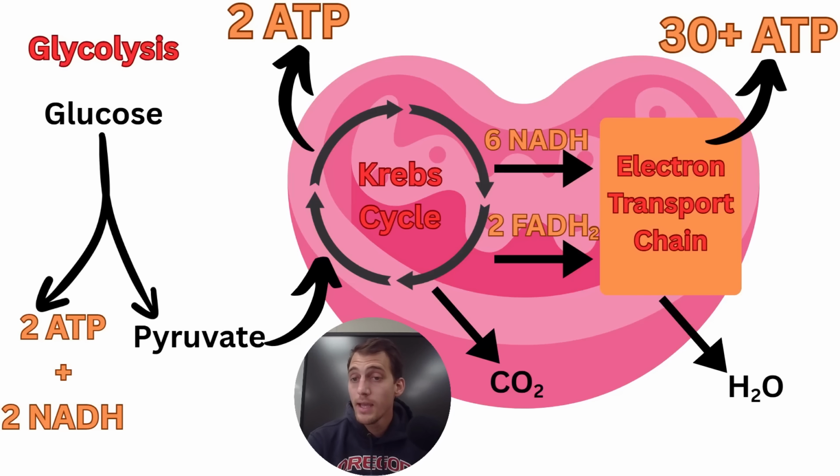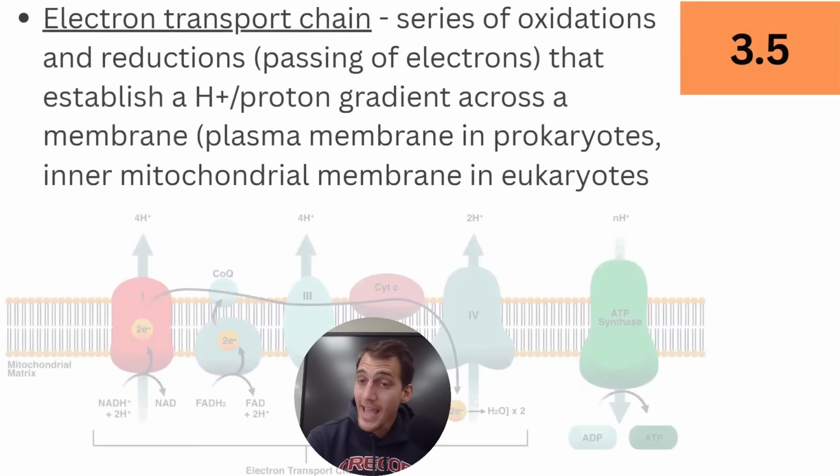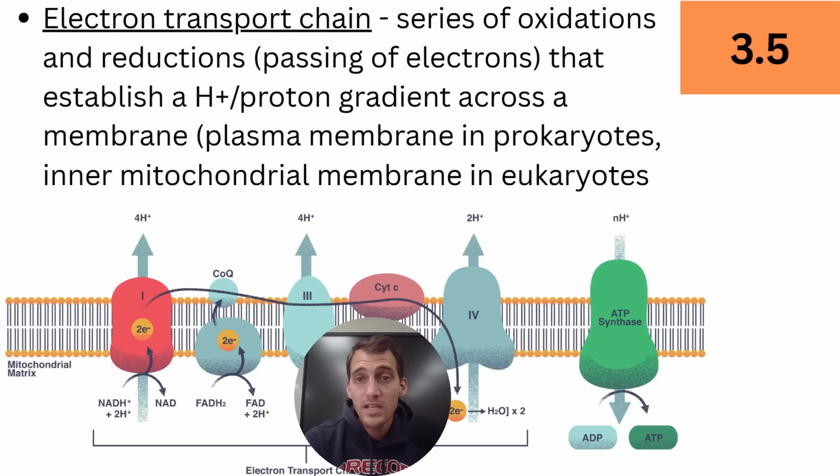We can phosphorylate 30 ADPs into 30 ATPs just using the electrons in the electron transport chain that are brought over from the NADH and the FADH2. Consequently, we are also producing some water as a byproduct, and we're going to see where that comes from in just a little bit.